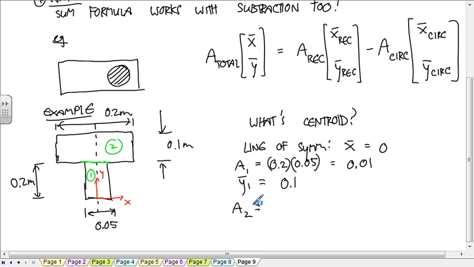The area of body 2 is 0.1 times 0.2. So 0.02. The y centroid of body 2 is, from the origin, we'll go up 0.2 to get to the bottom of this rectangle, and then we'll go up another 0.05 to get to the centroid. So 0.25.